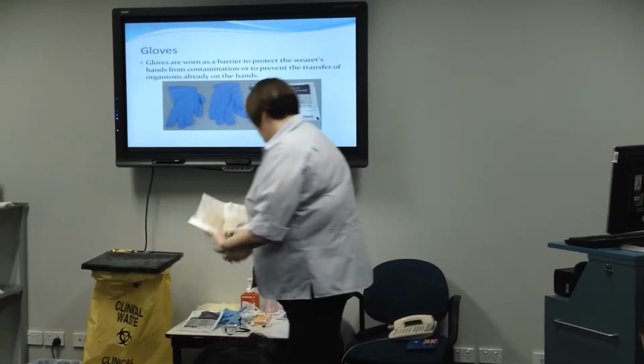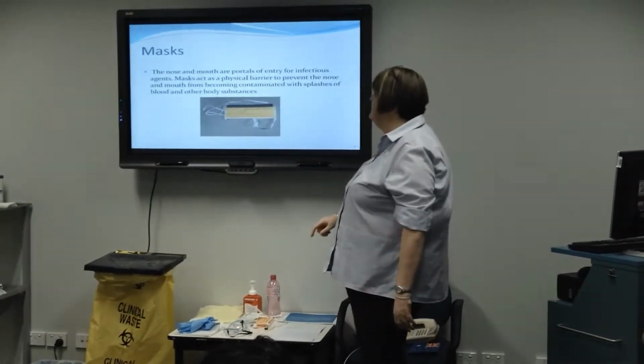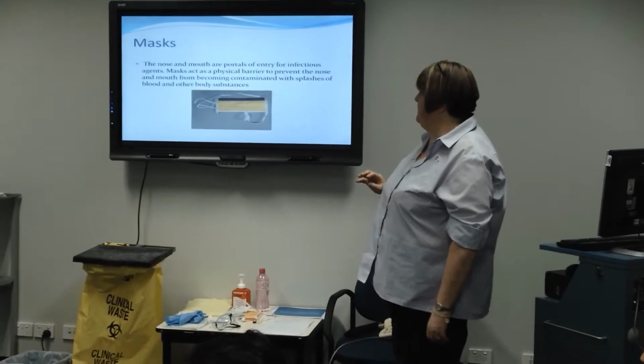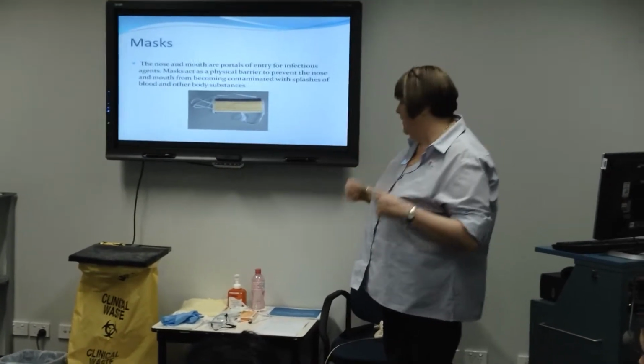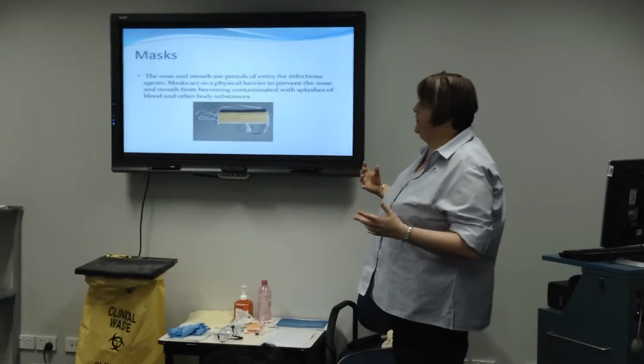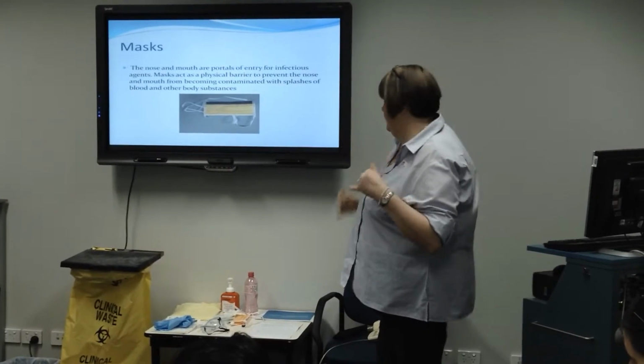Okay. Now the next one I've got are masks. Now this is to protect the nose and the mouth from infectious agents that may come through. Now there's a variance of masks depending upon what you're using. If you think it's something that's going to splash, you want to have your eyes covered as well.